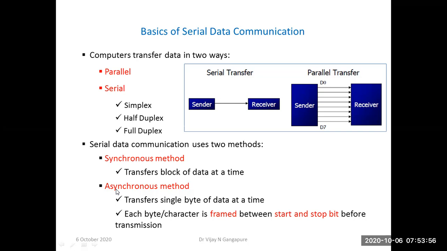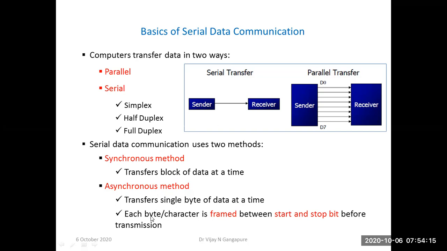But in the asynchronous method, transfer of a single byte happens at a time. The sender can send a byte, and after that byte is received by the receiver, the sender can send the next byte. So that is the asynchronous method.